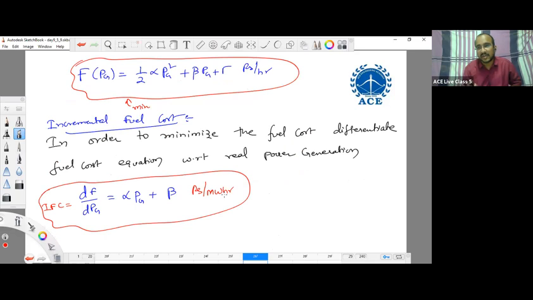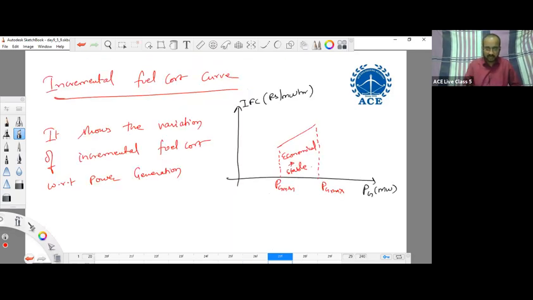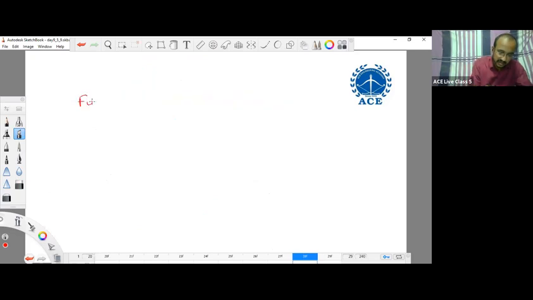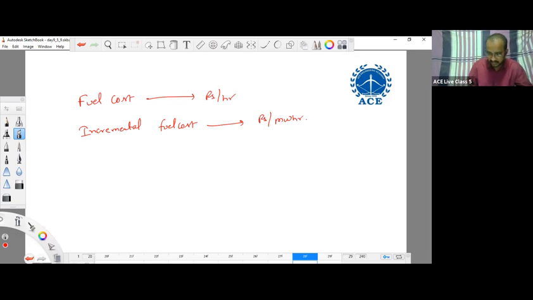The unit of incremental fuel cost is rupees per megawatt hour. Understood? This is very important.